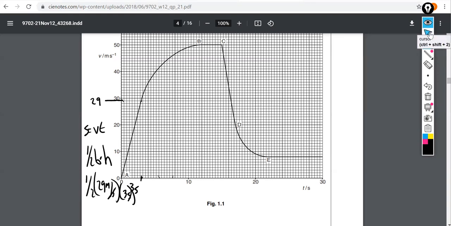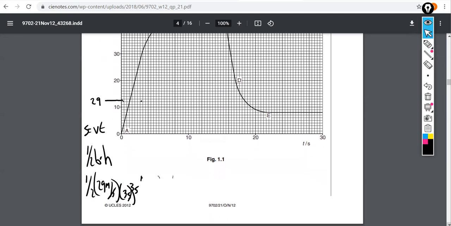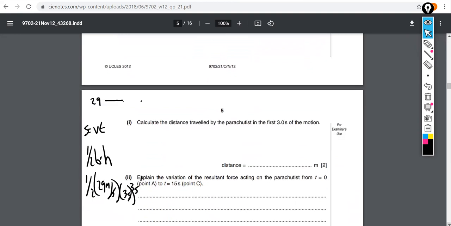So what is 1/2 times 29 times 3? Yep, that's exactly what I had in my calculator long before you all did. 43.5. 44 meters. That's what I would have put down. Did anybody put down 44, or did you put down 43.5?